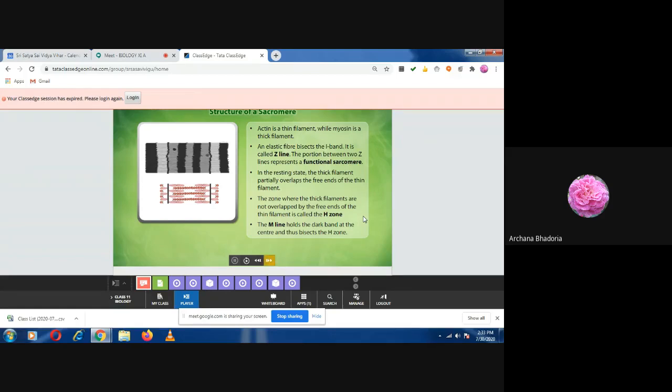Should I write it down or will you be able to write? Hansen's disk. And that is why we call it the H disk or the H zone. So myosin has the H disk in the center and the actin has the Z line.